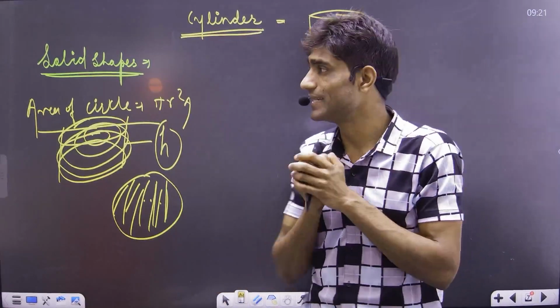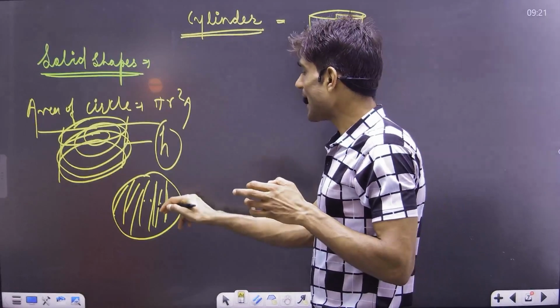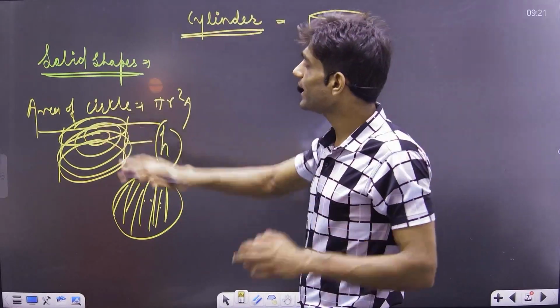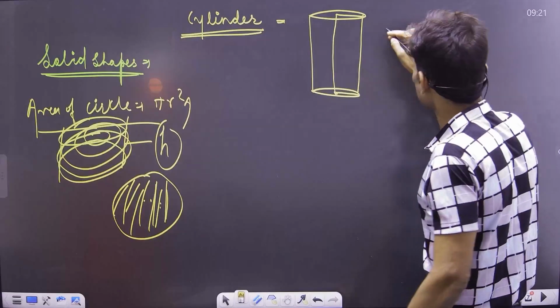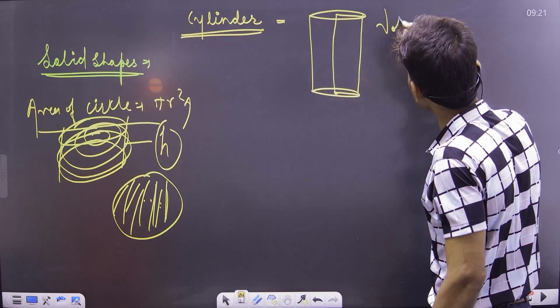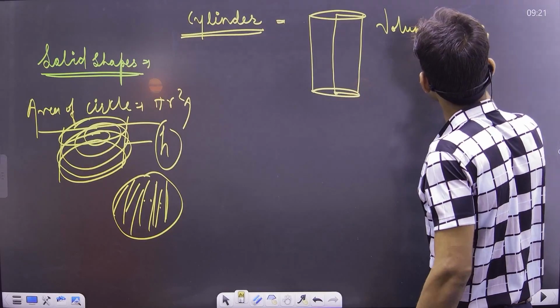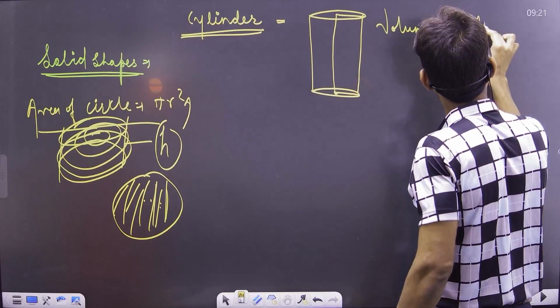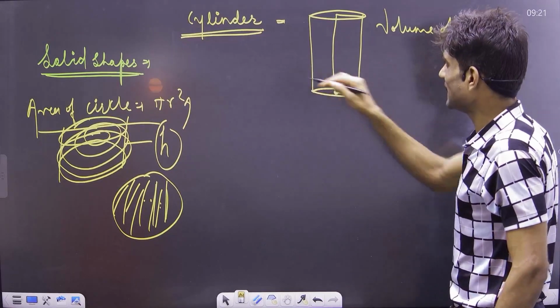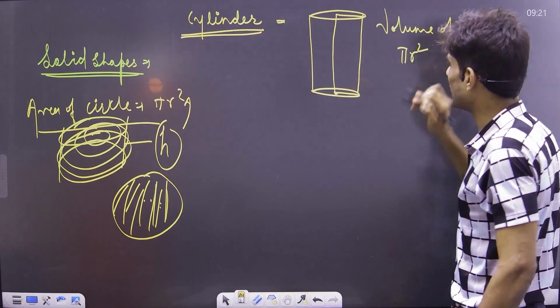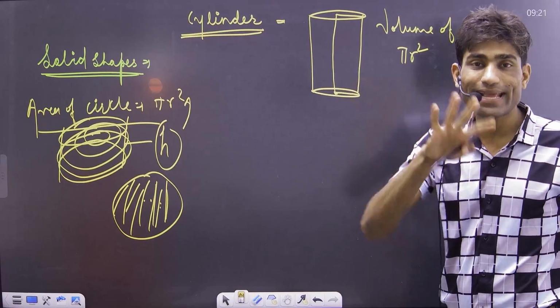You need to understand that we got the extra height with the area of a circle, then we get the volume of a cylinder. Now let me write the volume of a cylinder. We know the area of a circle is pi r square, but we have one extra factor.